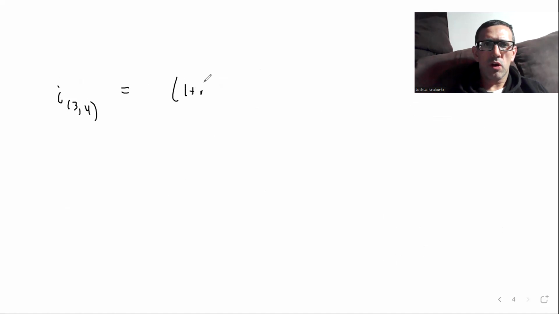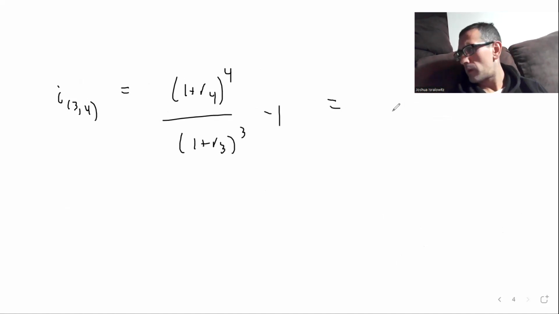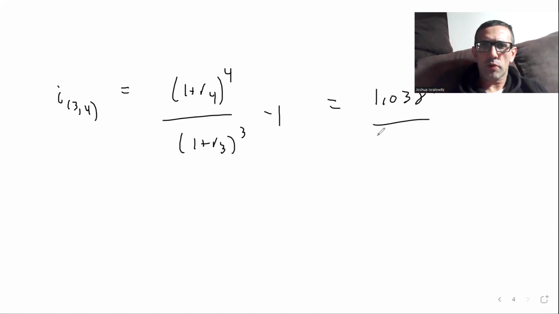Well, 1 plus R4 to the 4th over 1 plus R3 cubed, minus 1. 1.038 to the fourth over 1.034 cubed, minus 1 is about 0.05.